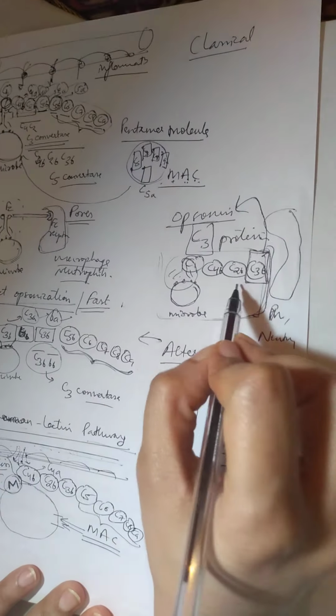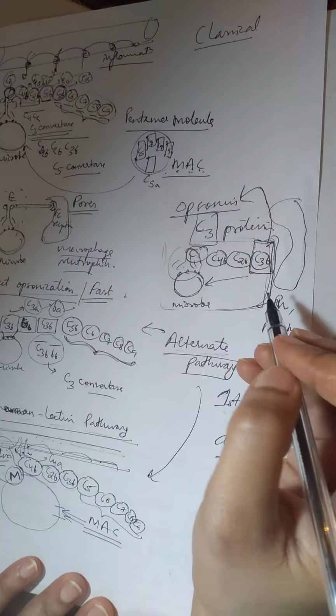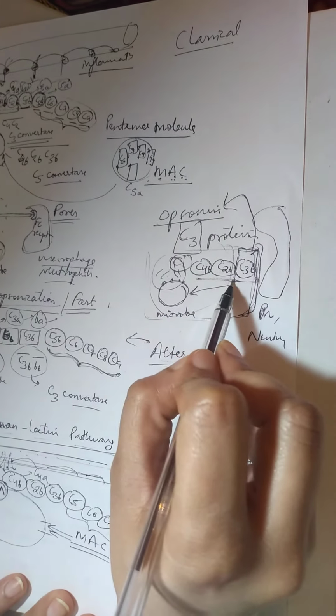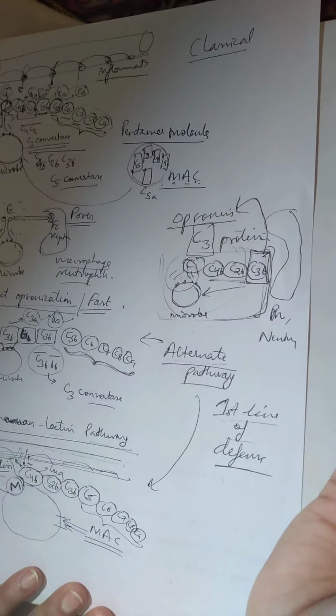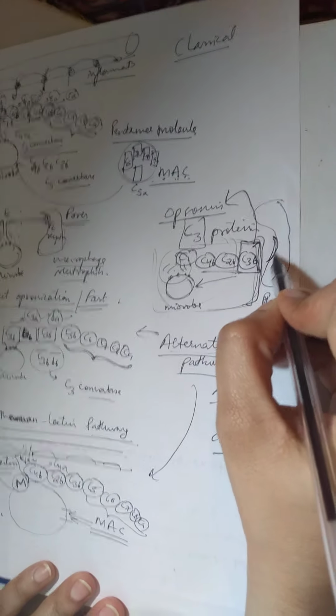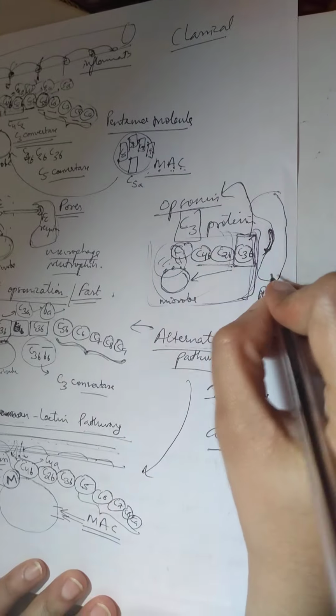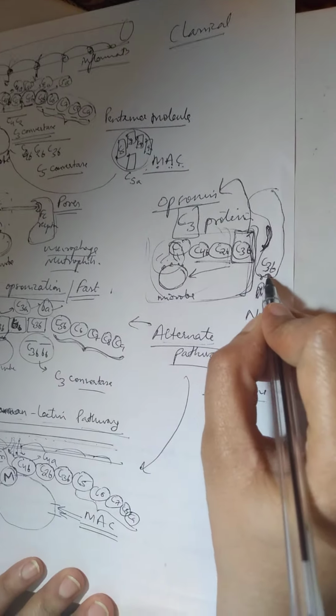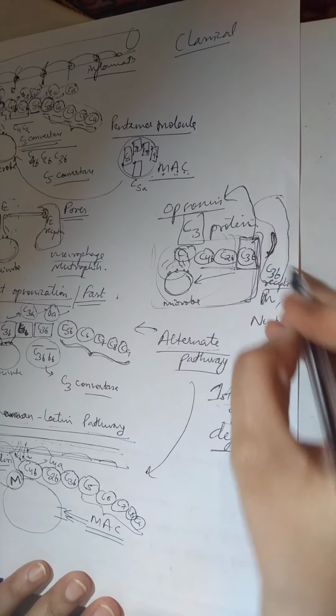Why? Because on one hand it is having the complex, which is the C3 convertase, antibody and the antigen of the microbe, and on the other hand it is binding itself with the C3b receptor. And this C3 receptor is on what?